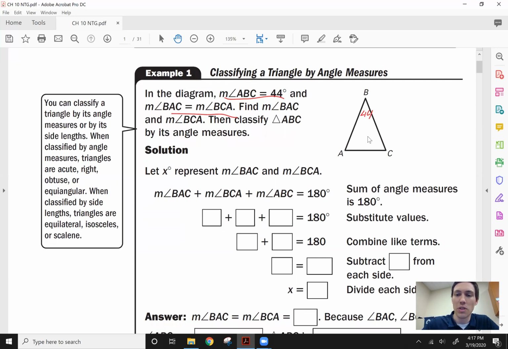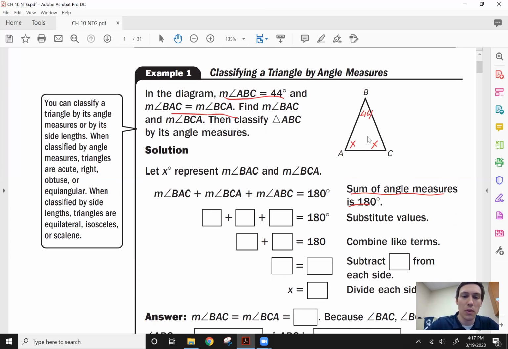So if they're equal, and we don't know what they are, we're just going to refer to them as X. And since they're both equal, we're going to call them both X and X, not X and Y or anything like that. So remember, the sum of the angles in a triangle is always 180 degrees. So this angle, this angle, this angle, when you add them all up, always equals 180 degrees.